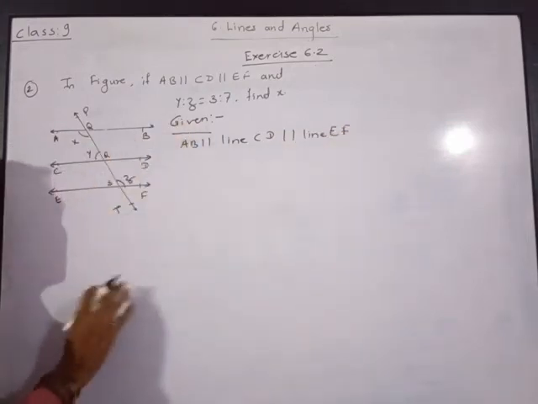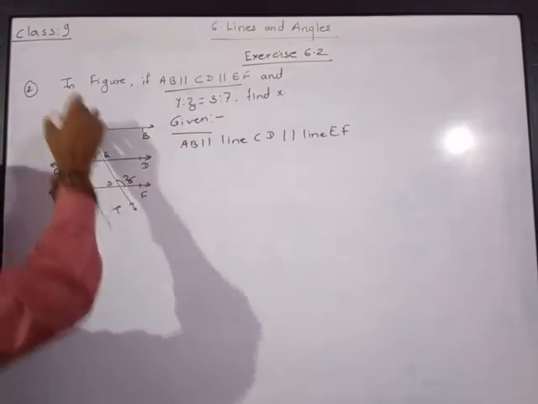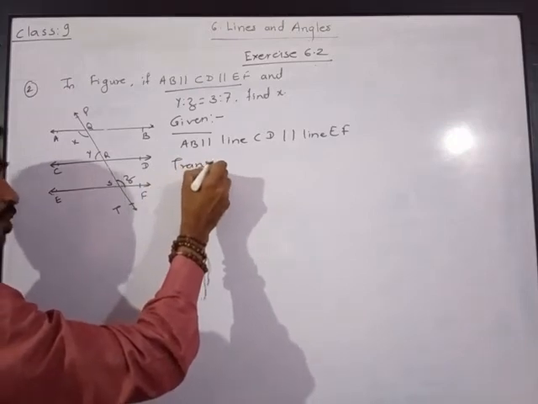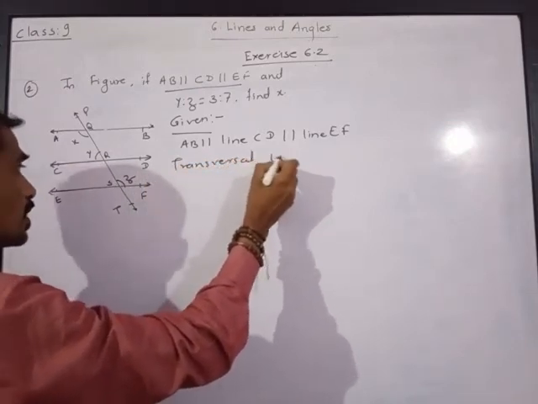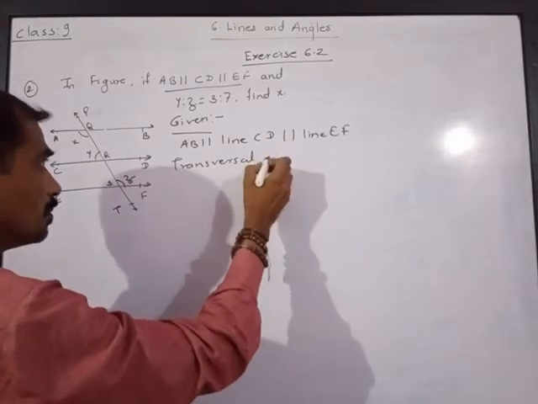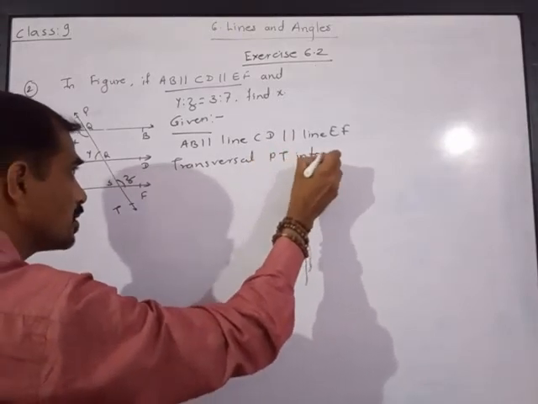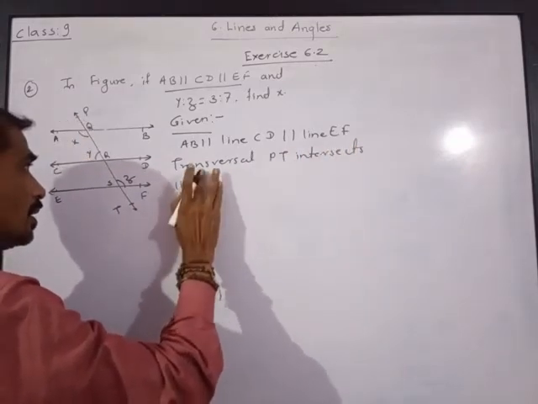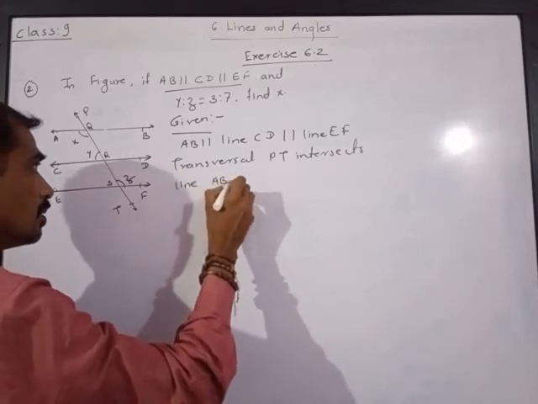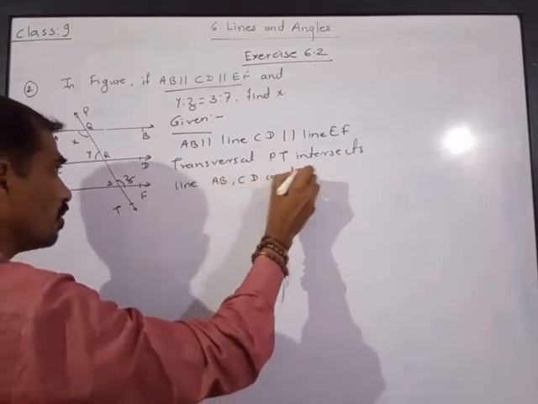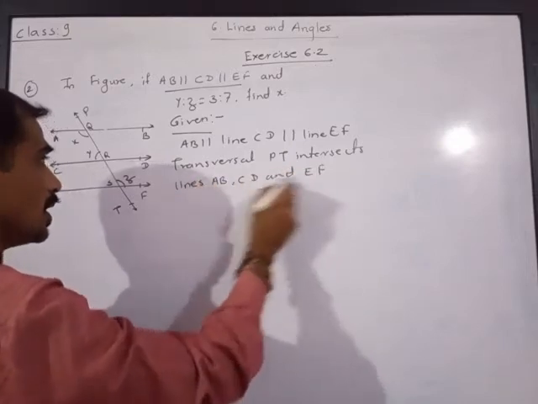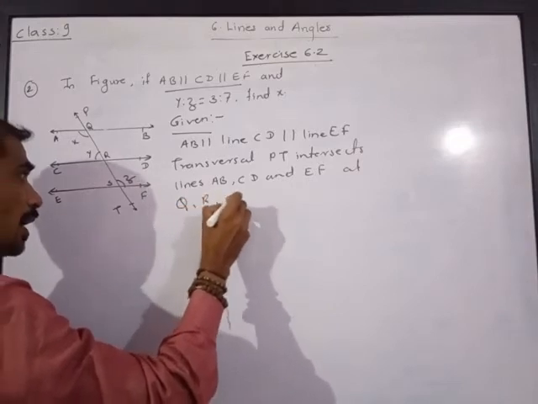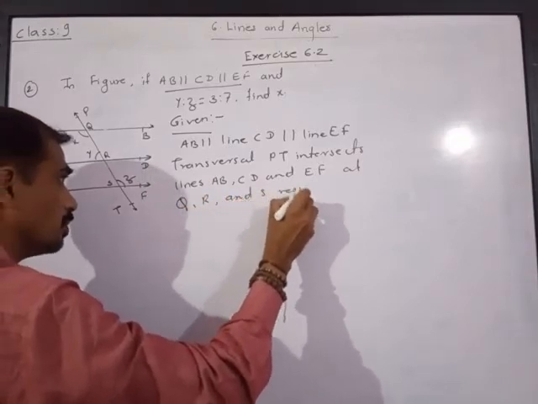Same thing is given to us, and we have named the transversal PT. Transversal PT intersects lines AB, CD and EF at Q, R and S respectively.